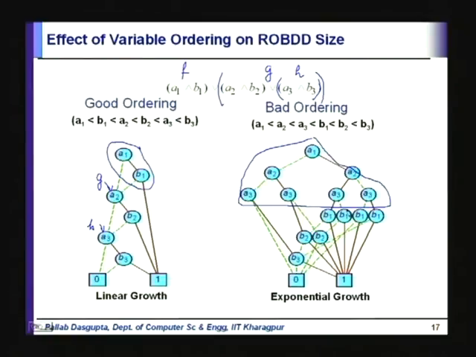So this is what is making the size larger, and then it shrinks once the values of the B's become available. So typically a BDD is going to have a barrel shape.